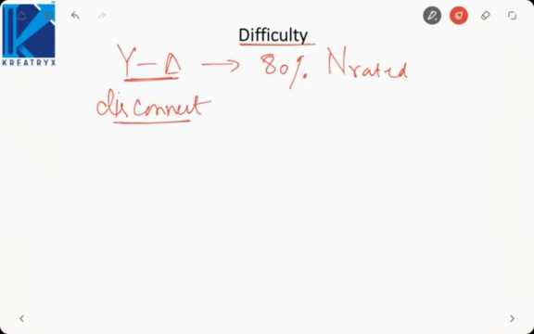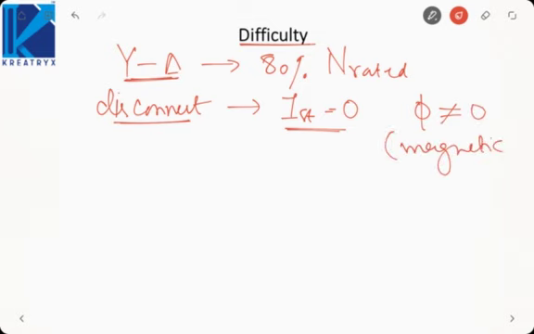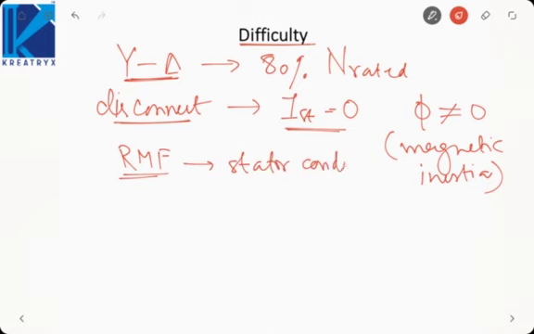If we disconnect the stator winding, that means stator current is reduced to 0. But the flux cannot be instantaneously reduced to 0 due to magnetic inertia. So what happens? The flux remains constant. That is, the rotating magnetic field is still present. This rotating magnetic field will cut the stator conductors, and when it cuts the stator conductors, it will induce some EMF in them.